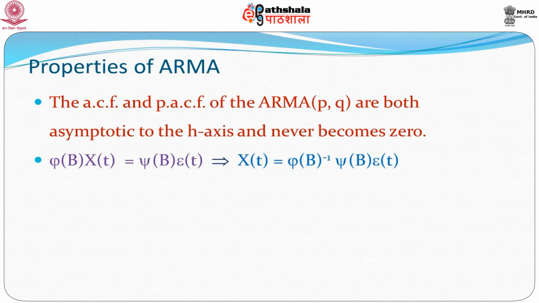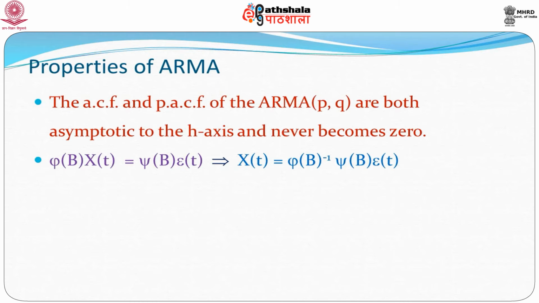There is another property that we would like to look at. If you look at phi B x t equal to psi B epsilon t, that is the model, and if we invert the phi B, we have x t equal to phi B inverse psi B into epsilon t. Now we have a function of phi B inverse psi B, which would lead to a series in terms of B's.